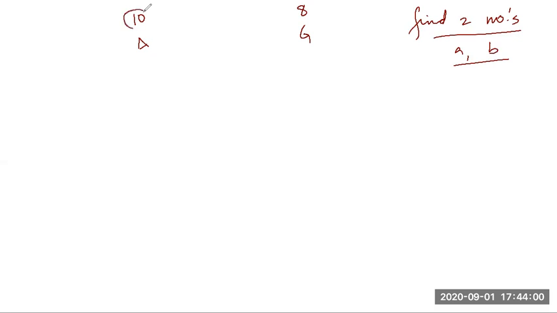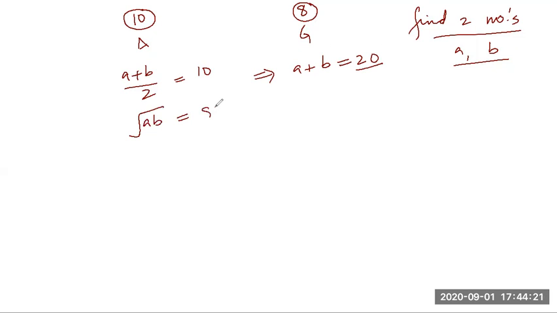Their arithmetic mean is 10, their geometric mean is 8. So we know arithmetic mean is a plus b by 2, which is equal to 10. From this, I can definitely say a plus b, the sum of the two numbers, will be 20. The geometric mean is 8. What is geometric mean? Root ab is equal to 8. I can definitely say ab would be equal to 64, taking square on both sides.